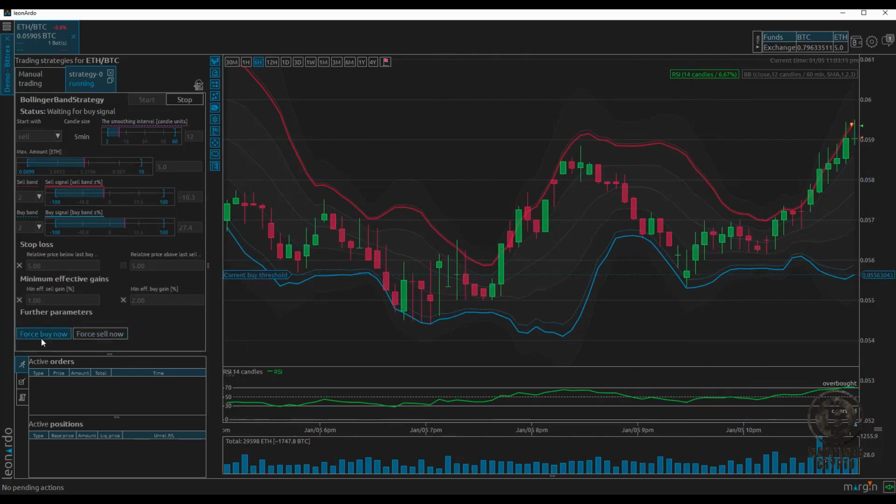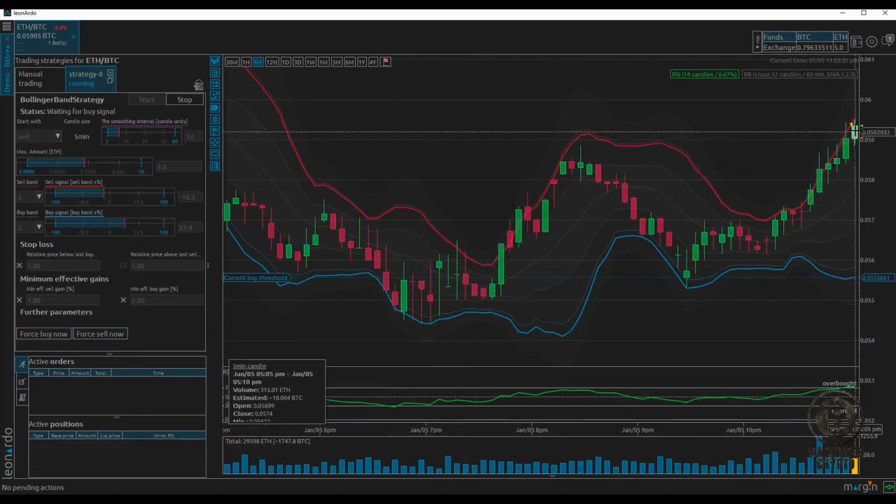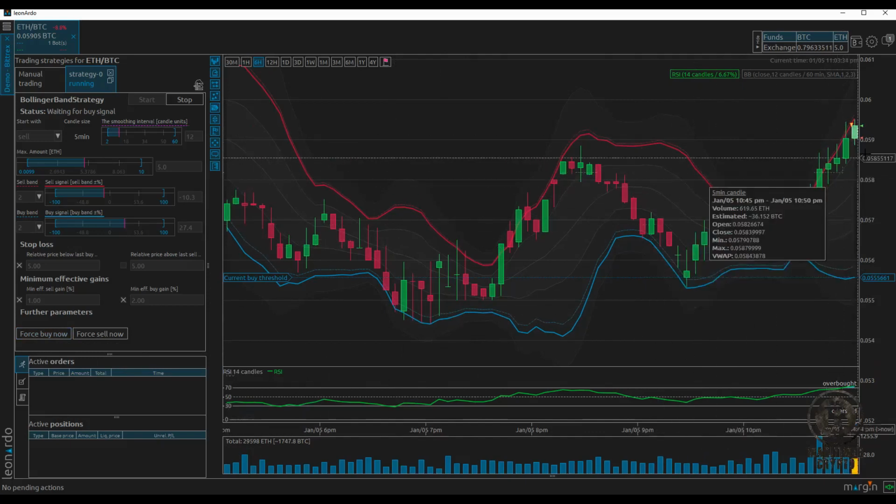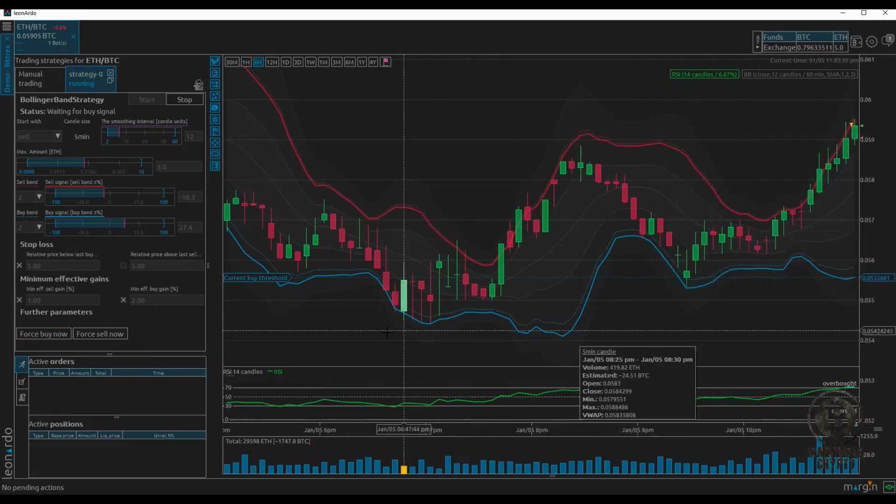You can only use the buy when the bot is in buy mode, and sell when it's in sell mode. So right now, if I did the sell, it would not work because it's not in sell mode, it's in buy mode. But on the other hand, I could do a buy and it would sell at the current price. So you don't want to do that because there's no point.